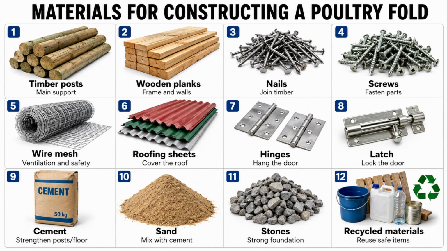Roofing sheets protect the birds from rain and strong sunlight. The hinges will allow the door to open and close securely, and a strong latch will keep the door secure. Again, you also need cement, sand, stones, and water, which will be used to strengthen the floor or the posts.